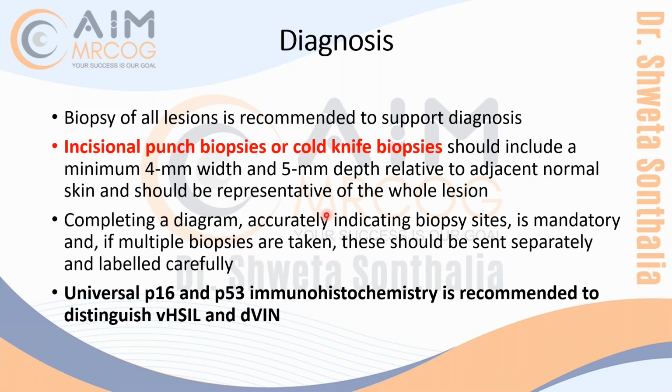So if multiple biopsies are taken, it is very important that you show in a diagram all the areas from where you have taken the biopsies. Universal P16 and P53 immunohistochemistry is recommended to distinguish the vulval HSIL from differentiated VIN.